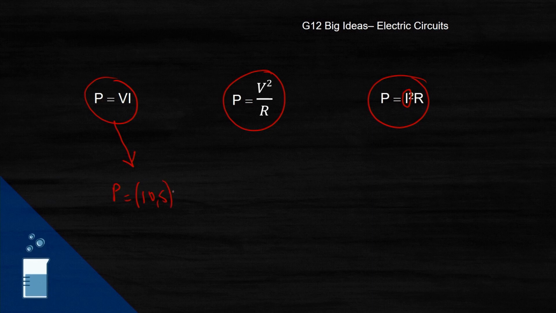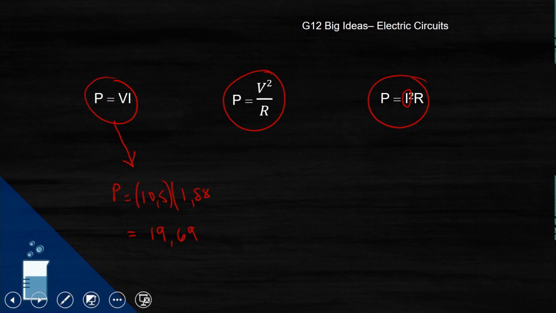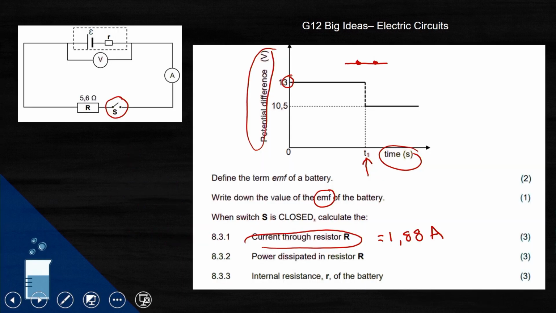Now, why do I get 10.5? I'm going to show you now. My answer here is 19.69 watts. If I turn back to my graph, I can see that where the switch is closed, my potential difference drops to 10.5. That is the trick. It becomes a little tricky.